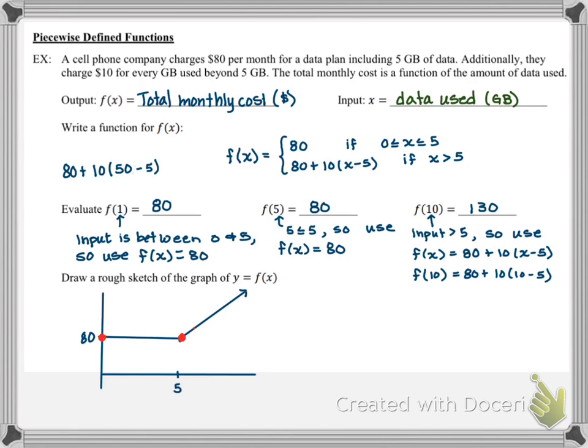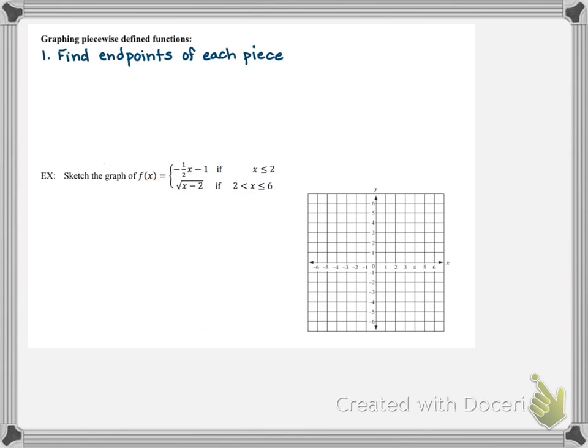And then there was another endpoint right here. That's where they switch, right? So that's where that horizontal line ends and where the other line starts. So it's an endpoint, not of the entire graph, but of each individual piece. And then there's no endpoint on the right because x can be anything above 5. There's nothing that stops it. So in this case, our endpoints are going to be at 2 and 6. And for these endpoints, literally, it's just the numbers that are over here every single time.